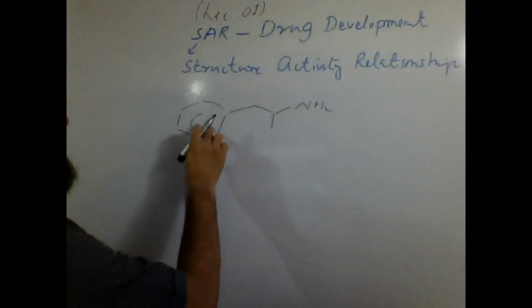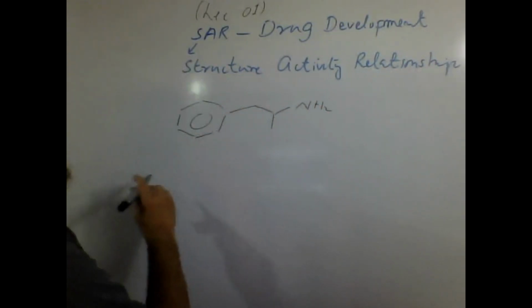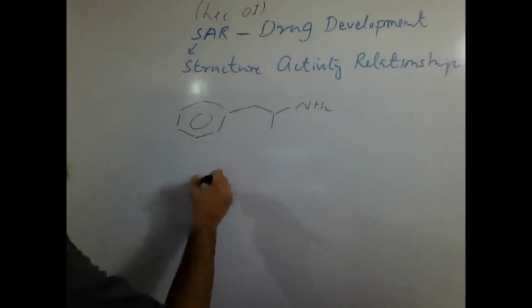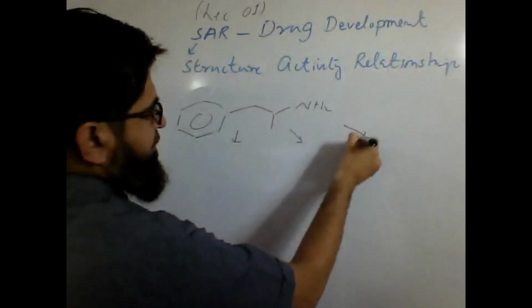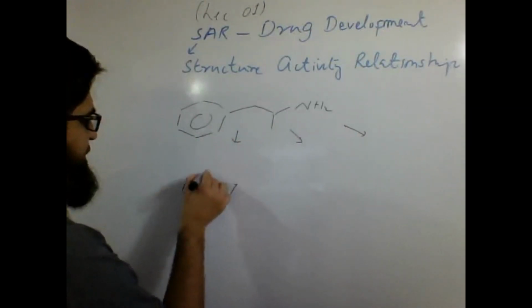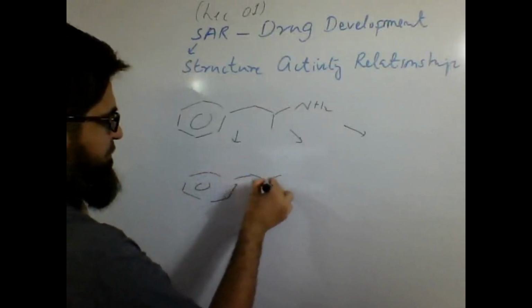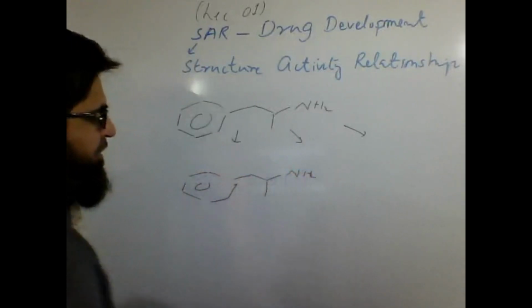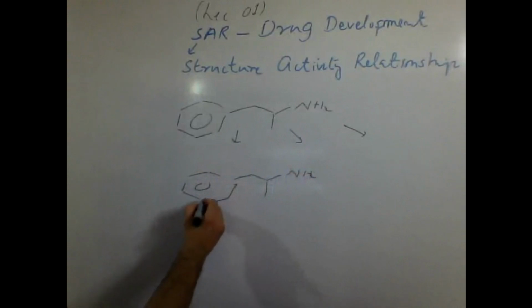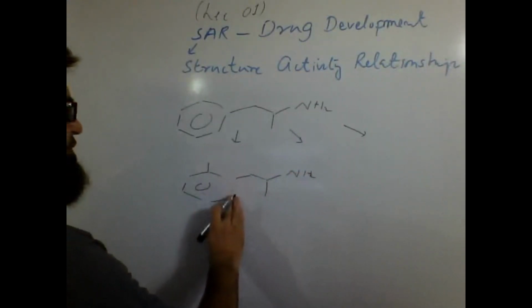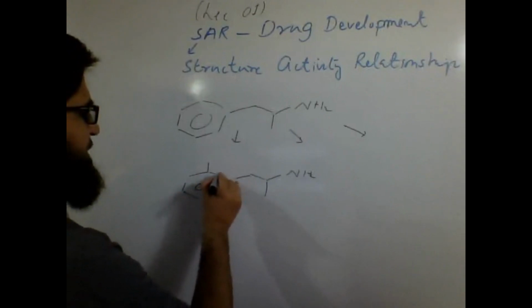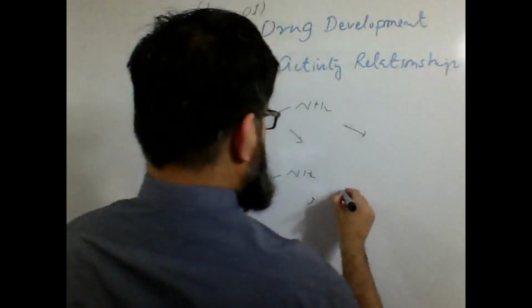A few people came up, what they did, they prepared 3 analogs in the beginning, just by doing methylation. They performed an alkylation reaction.